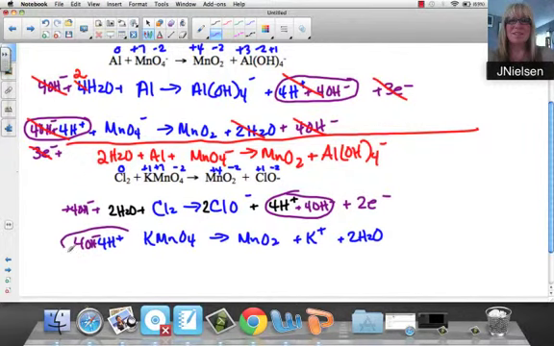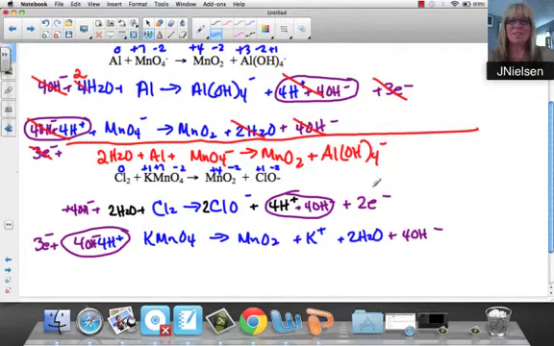That's neutral, it's water, plus 4 OH minus to the right. That gives me a negative 4, and a plus 1 is a net negative 3. So I'm going to have to add 3 electrons to the left to give me a net negative 3.